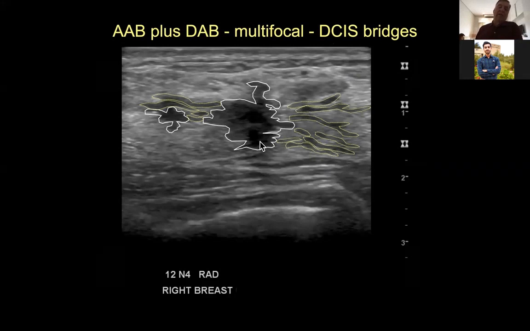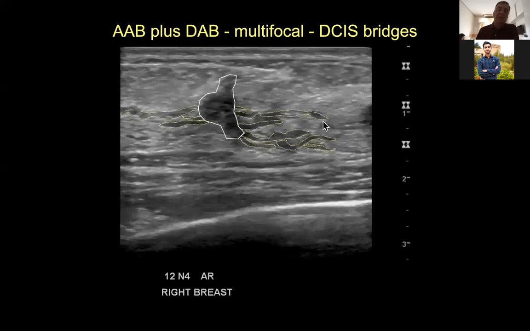So what am I going to do here? Well, I would probably do core biopsy on the index lesion. I might also core the satellite lesion, and I would do a DVAB over here as far right as I could go. And then I'd have the extent of the disease mapped out with ultrasound guided biopsies. But a huge difference between size and extent.